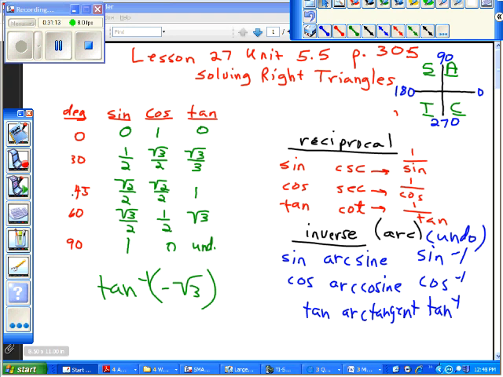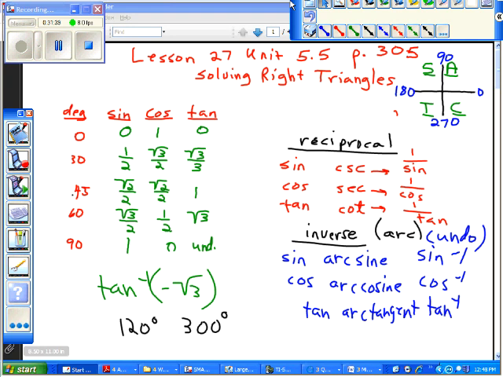And if it was in 2 with a reference angle of 60, it would be 60 before 180, which is 120. And if it was in quadrant 4 with a reference angle of 60, it would be 60 before 360, which would be 300.